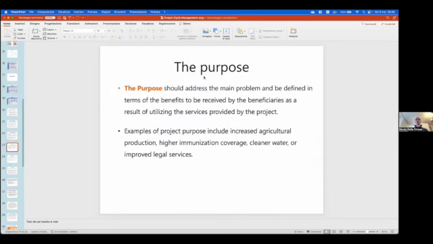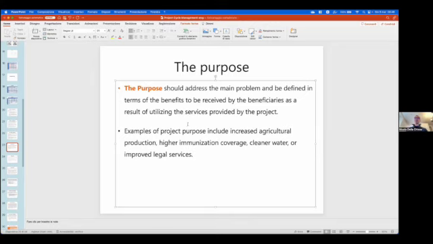The purpose is the scope of our project. So it should address the main problem that we identified, and it will be realized by our project. For instance, increased agricultural production in a certain area, higher immunization coverage, cleaner water, improved legal services.